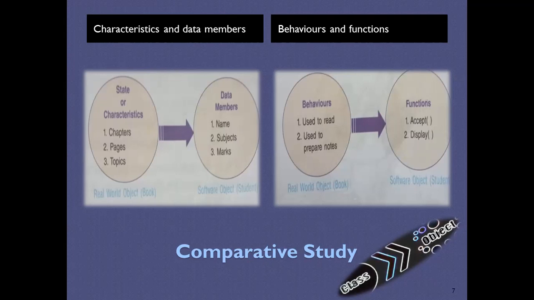So what are the behaviors of the book? Used to read, used to prepare notes, etc. And what are the functions of the student? That is to accept data and to display the data. So from this, it should be clear that the characteristics or state of a real world object become the data members of a software object, whereas behaviors of a real world object become functions of a software object.